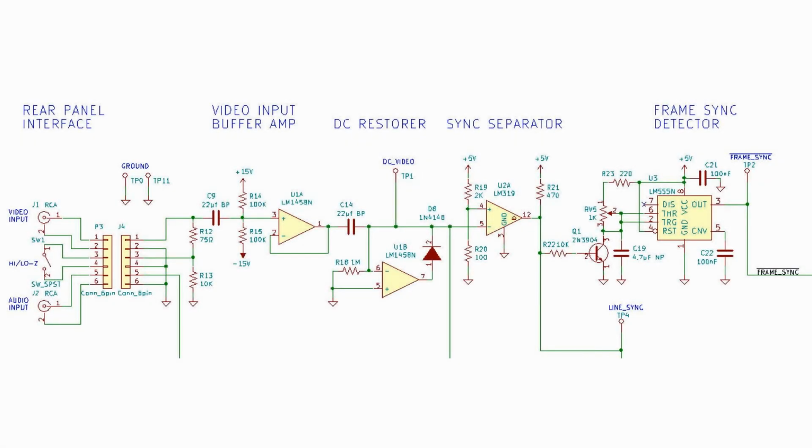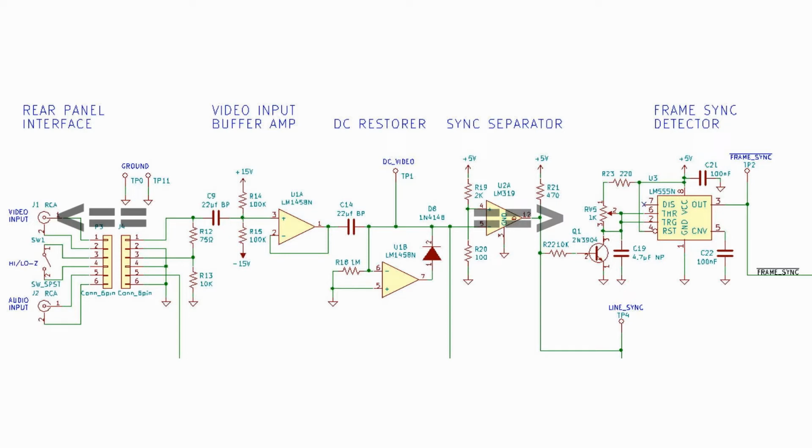We are looking at the input video and sync processor. It starts on the left side with the video input, the termination impedance selector switch, the video input buffer amplifier, a DC restoration circuit, a sync separator circuit, and a frame sync detector circuit.